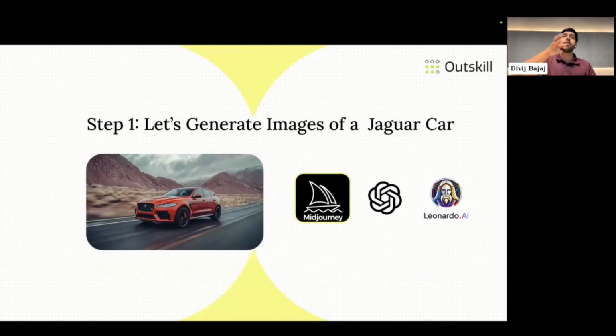The first step is to generate the image for the advertisement that you want to make. What we have shown you is the Jaguar image. Let's say I want to create a similar image or video.